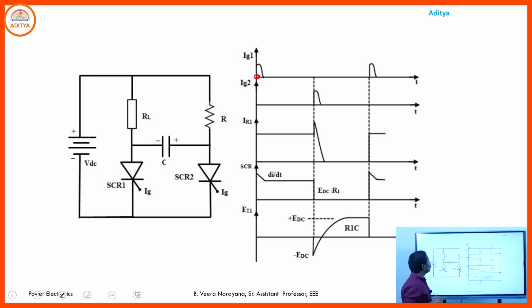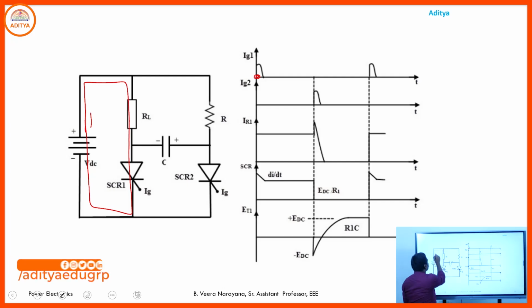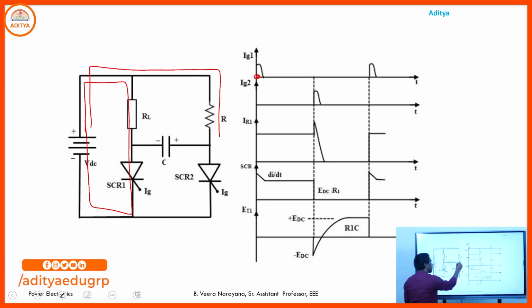Then the current flows through the load like this, and the capacitor starts charging through the resistance, capacitance and thyristor like this.